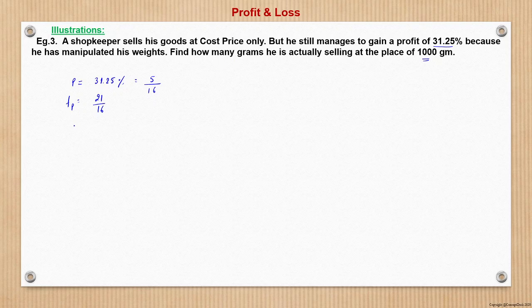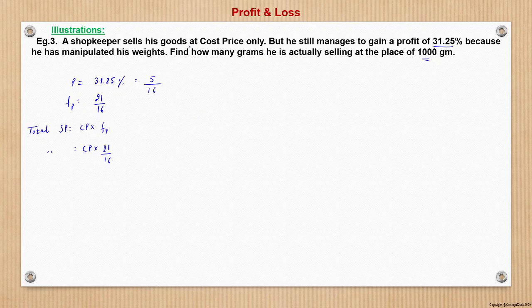So SP will be what? SP will be CP into this factor, which is CP into 21 by 16. And this is the total SP, and CP is total CP.